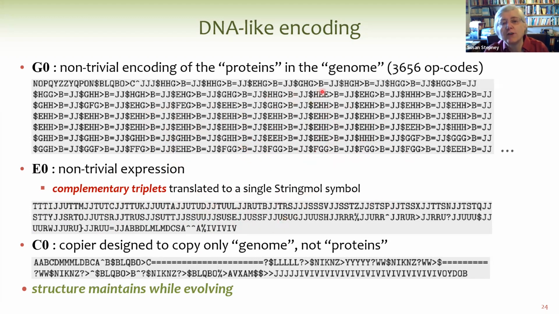So we can think of this as the DNA with a lot of structure in it, and we can think of this as now our active protein Stringmol, which has got code in it to do stuff. And then the copier, the expressed copier, looks like this, and it is designed such that it will copy only the genome and it won't copy the proteins. And so it's got a complicated structure. But this structure maintains while evolving.